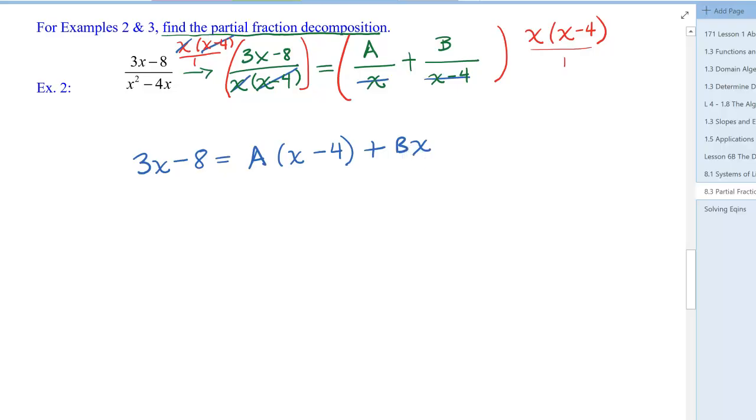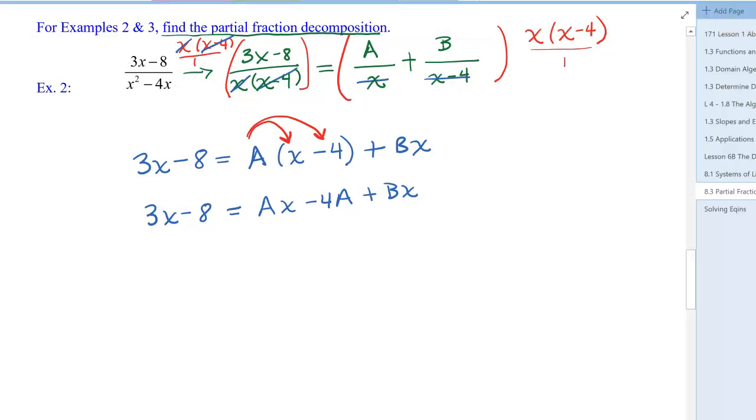Now we need to do a little work to get rid of these parentheses on the right-hand side. So we're going to distribute a. So that's going to give us 3x minus 8 is equal to ax minus 4a plus bx.